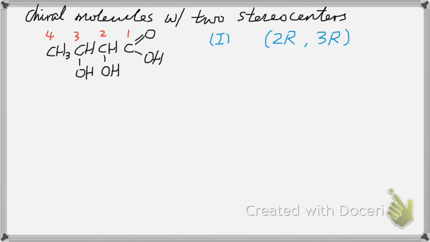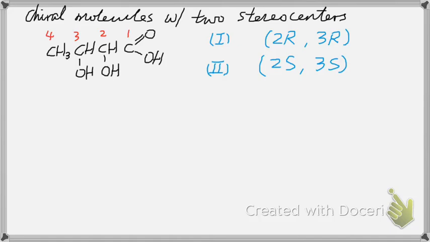So I put down 2R, 3R as its absolute configuration. The next molecule could have 2S, 3S, with both chiral centers opposite to the previous one, right?